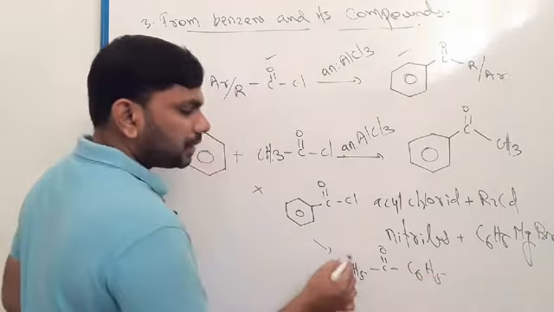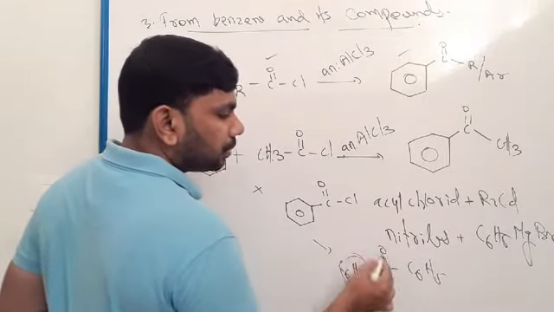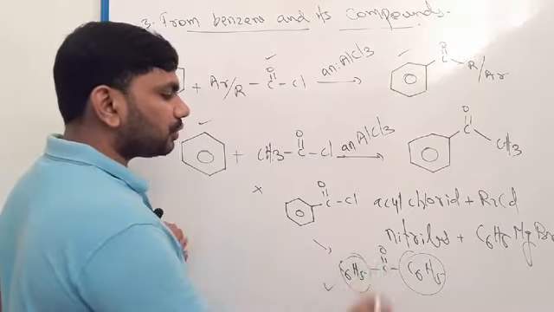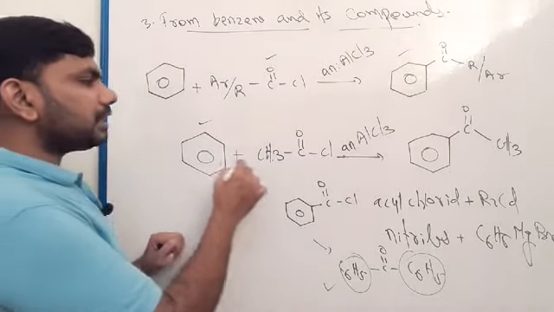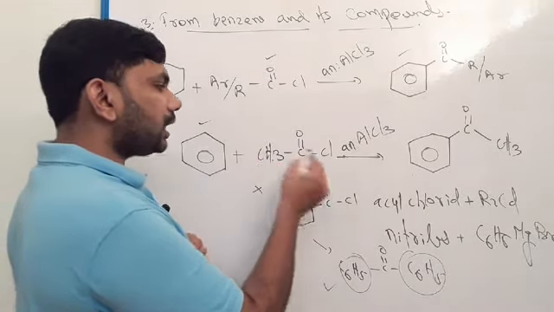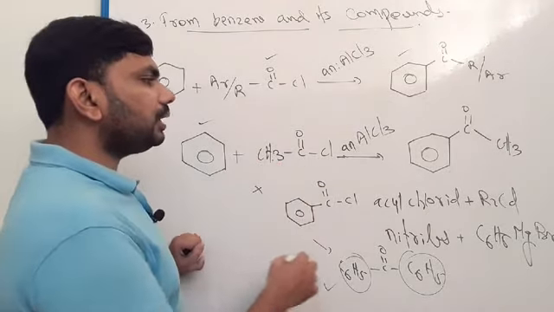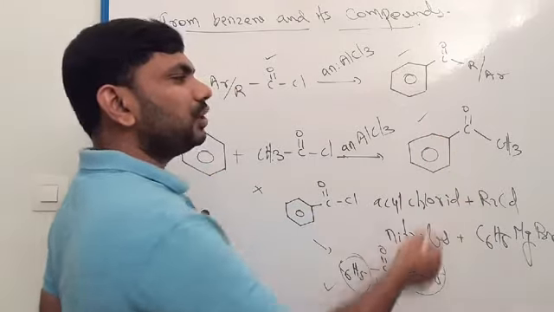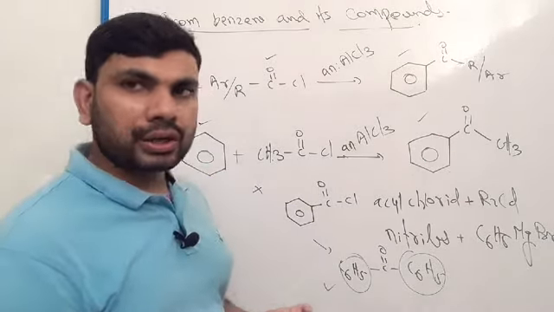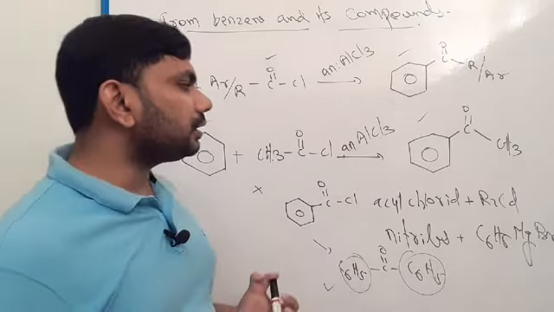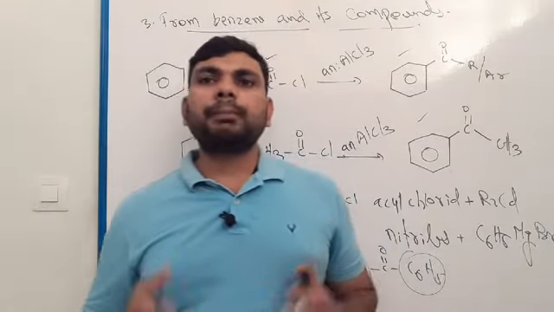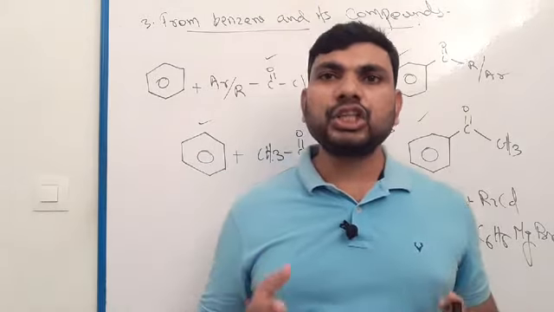So here benzene ring, C double bond oxygen, we will obtain benzophenone. And here benzene treated with acyl chloride, acid chloride, we will obtain this type of ketone, acetophenone. So these are the different methods to prepare aldehyde and ketone.